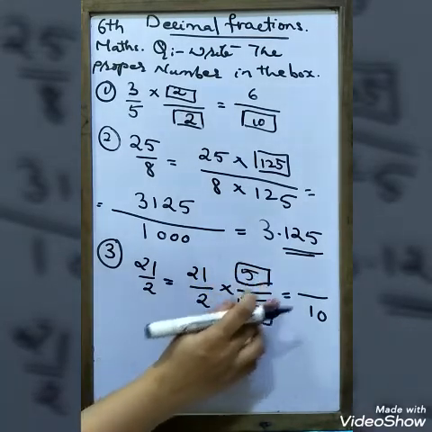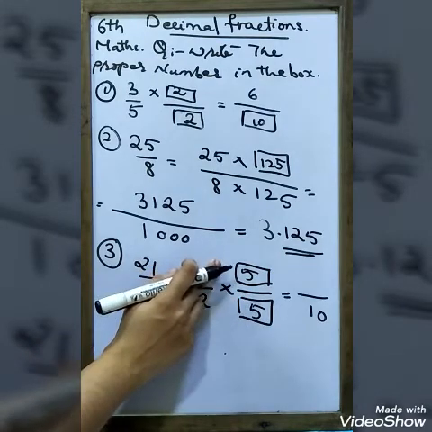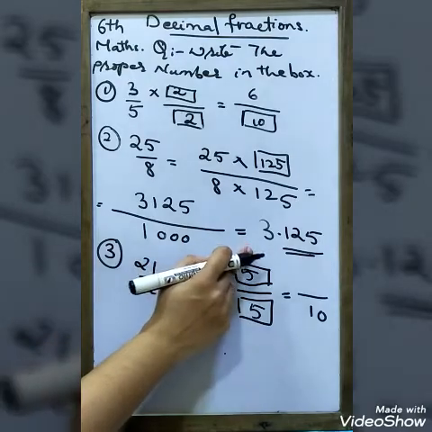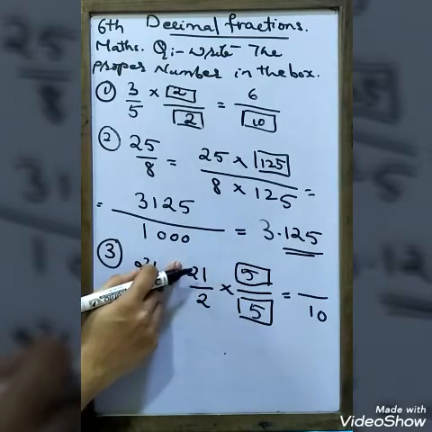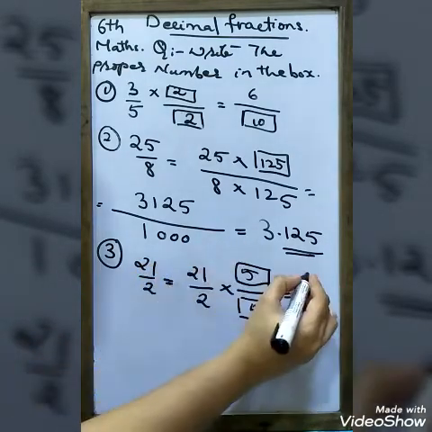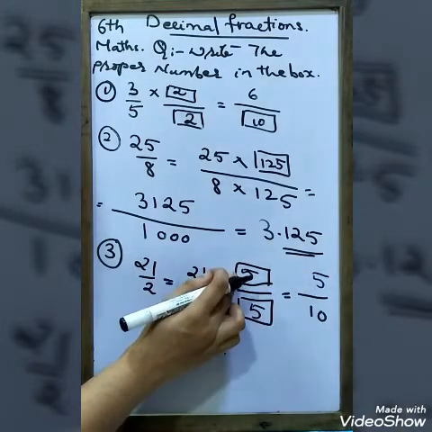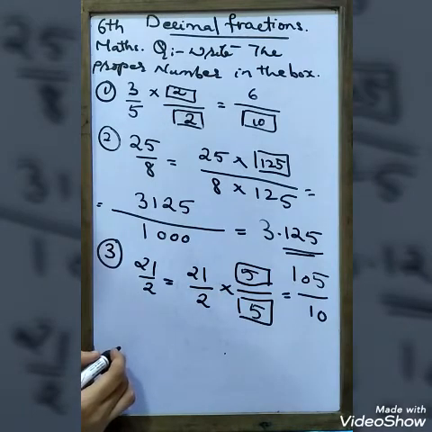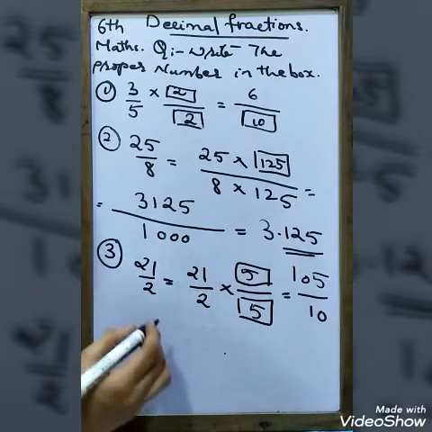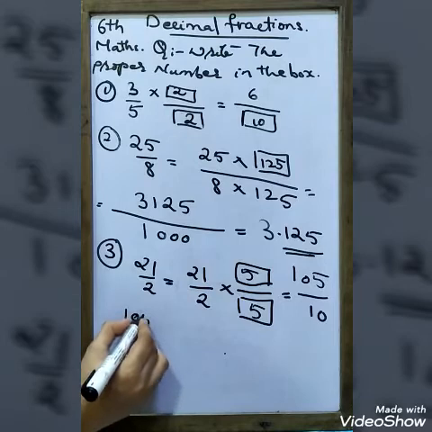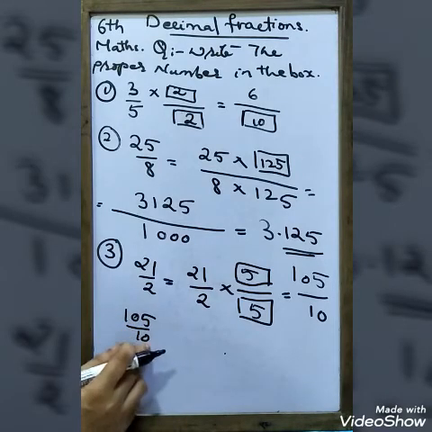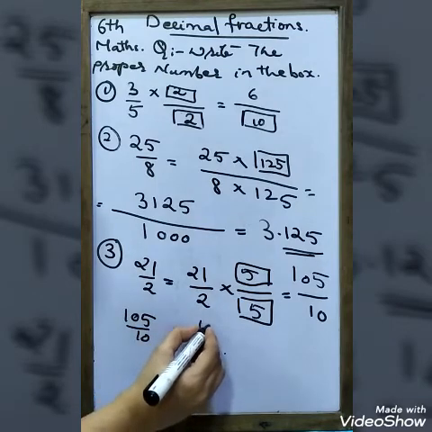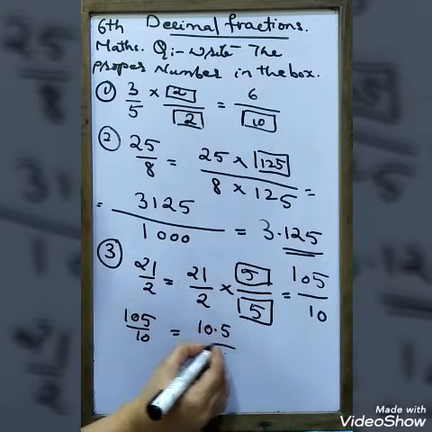So 21 5s are 105. So the answer is 105 upon 10. Now here 10 is there, so after the one digit we are going to put the decimal. So the answer will be 10.5.